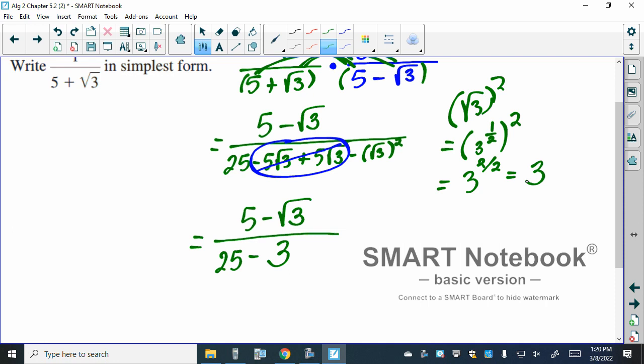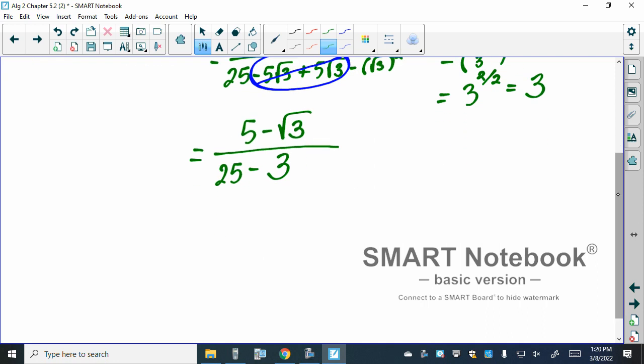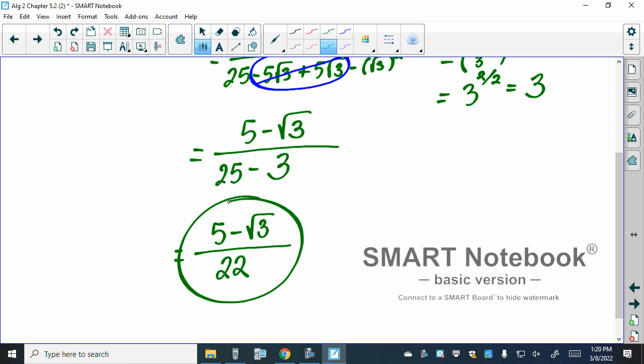Or if we said the square root of 9, well, the square root of 9 is 3. Well, we do need to simplify the denominator. 25 minus 3 is 22. And 5 minus the square root of 3 over 22 would be the final answer.